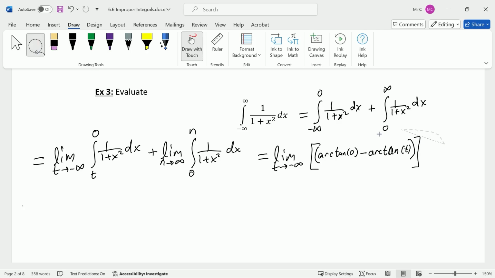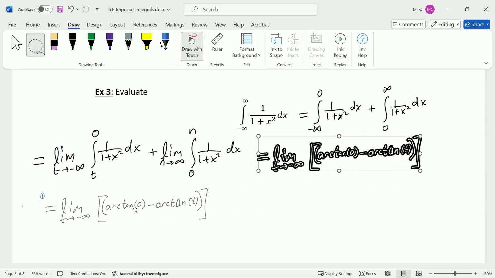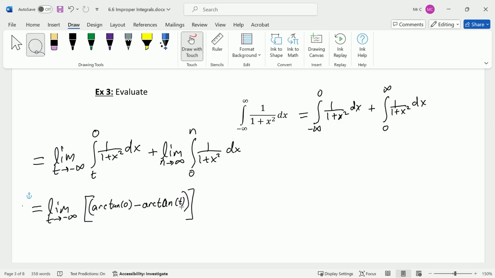I'm running out of room, so we're going to move this to the next line. So that's the first integral evaluated, plus the limit as n goes to infinity of arctangent of n minus arctangent of 0.